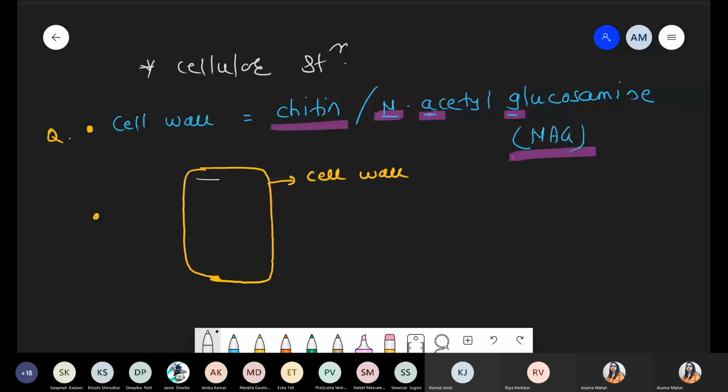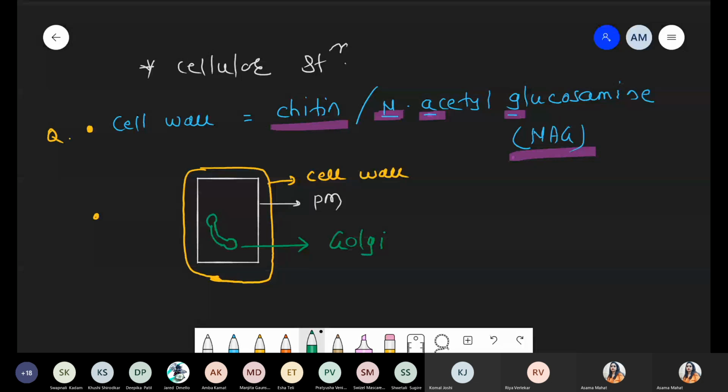Inside the cell wall, there is a presence of the plasma membrane. Definitely the nucleus is present, other cell organelles are also present. But here there is a presence of some typical structure like this, and this green color typical structure is nothing but the Golgi.